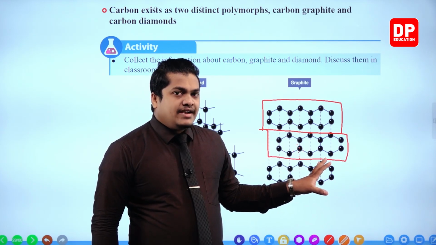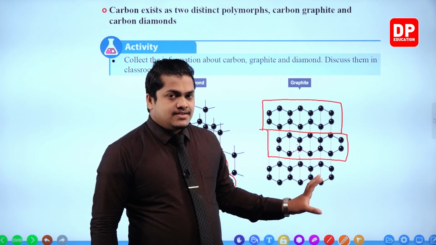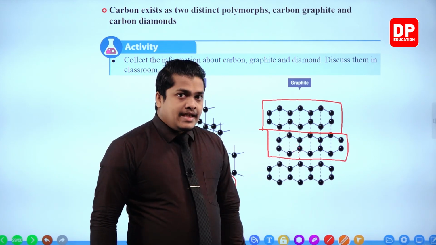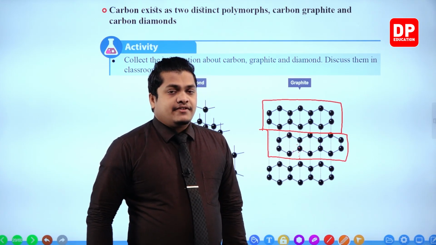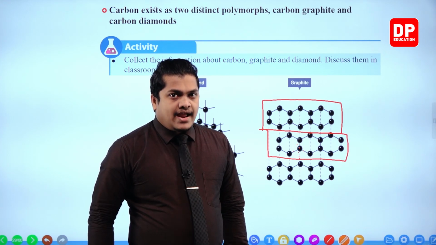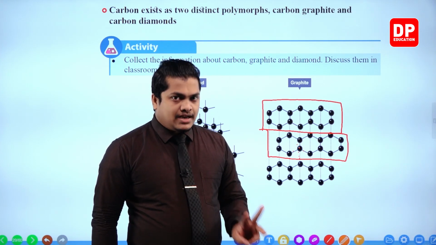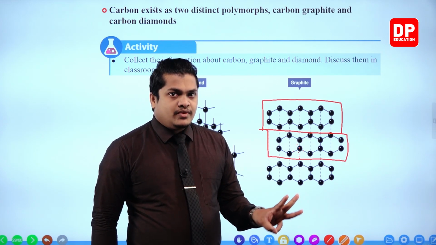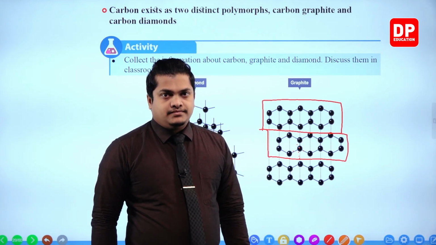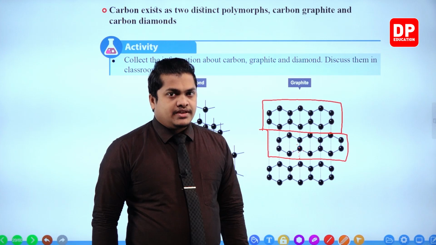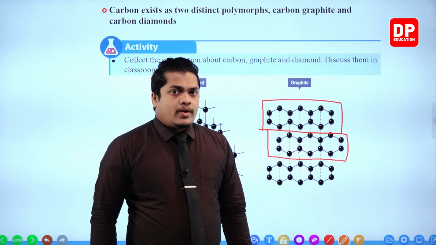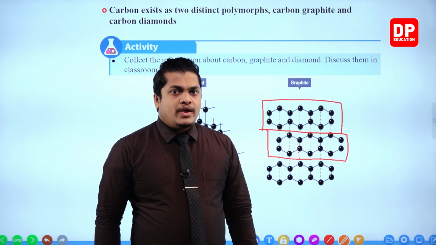Graphite is arranged as layers like this, and within these layers, if you check one certain carbon atom, it has three bonds with nearby carbon atoms. Three bonds with the nearby carbon atoms, right? The fourth bond is very weak.